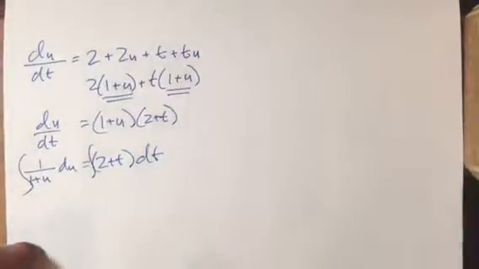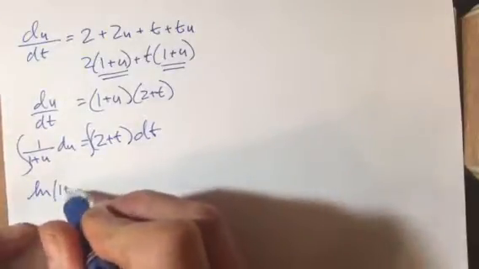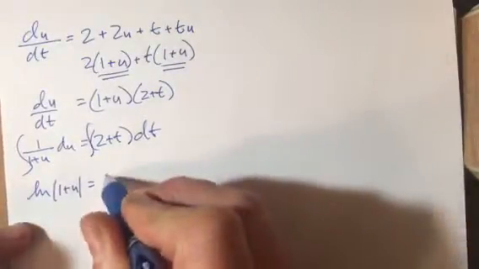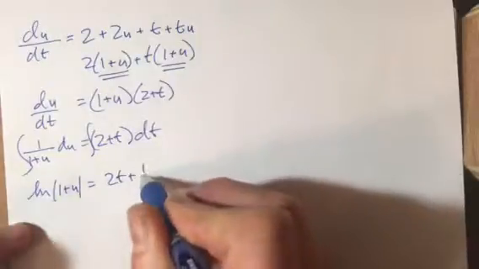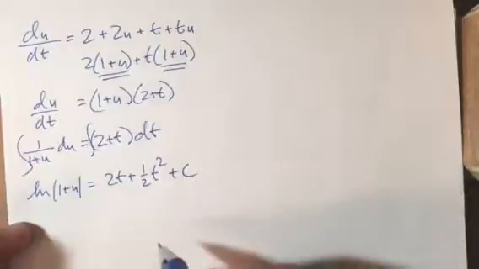This is our separation, and then I get the ln of 1 plus u equals 2t plus 1/2 t squared, and then I guess I'll do plus c on this side.